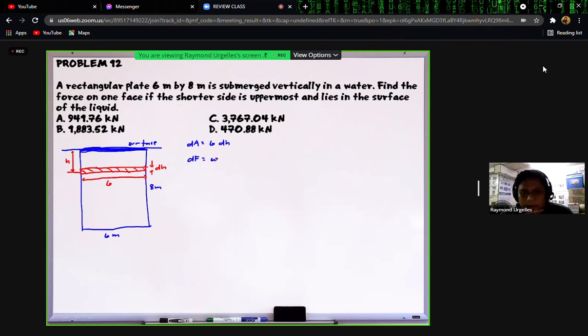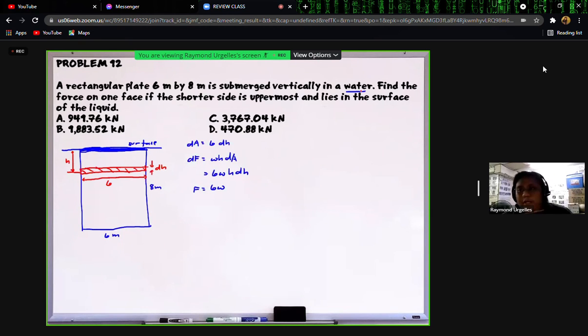Then solving for the differential force, this is omega h dA, sorry, not dh. By substituting, this will be 6 omega h dh.